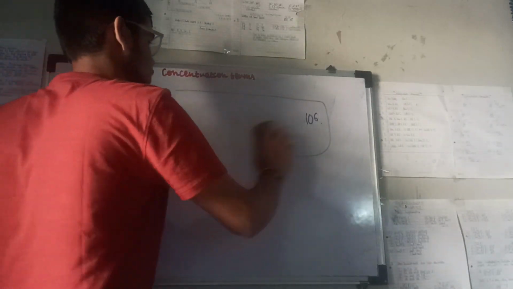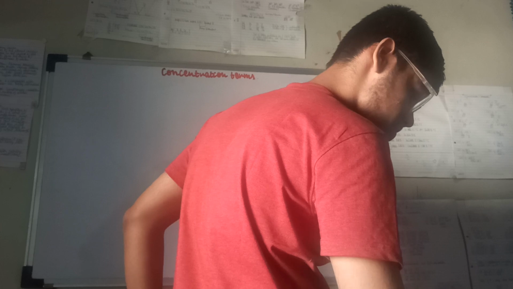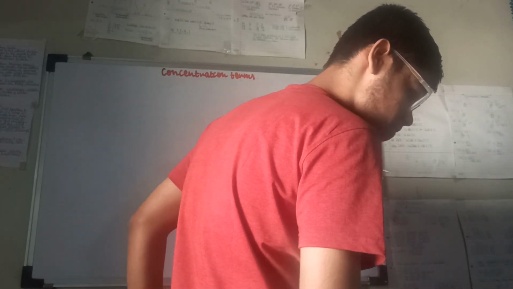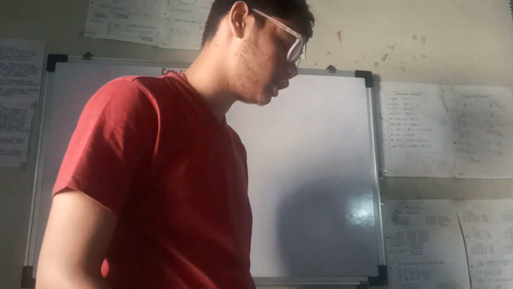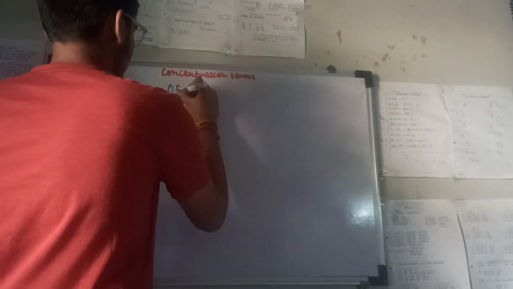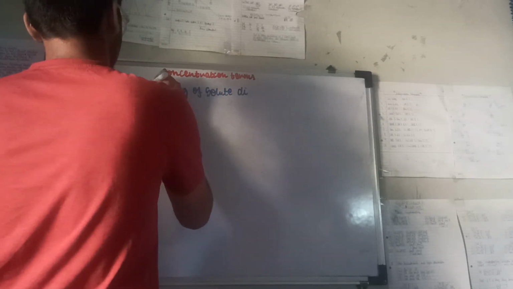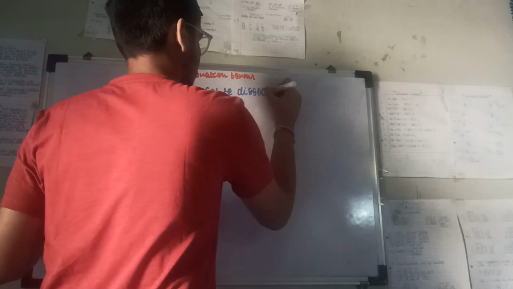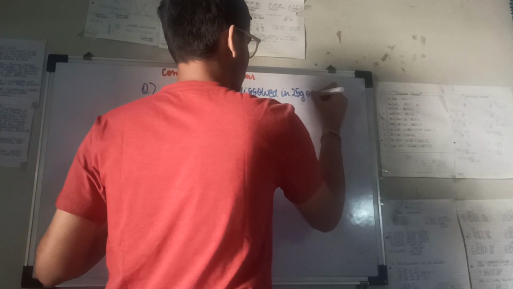So now it's question practice. Just read the question. First, a simple question. 0.5 gram of solute is dissolved in 25 gram of solvent.